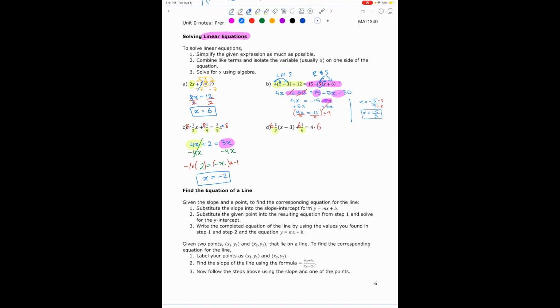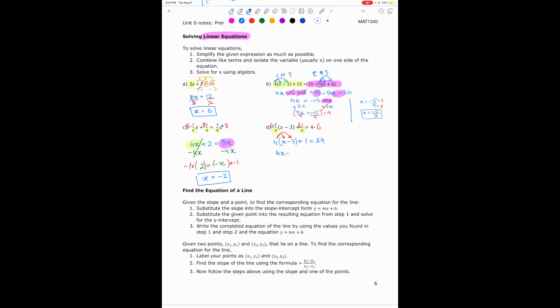I will get 2 times 6 is 12, divided by 3 is 4. And then x minus 3 remains. Plus 6 times 1 is 6, divided by 6 is 1, equals 4 times 6 is 24. Now, I will follow PEMDAS, so I have to distribute the 4 inside.